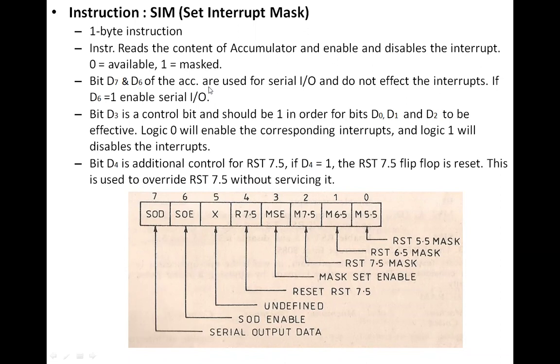So before using the set interrupt mask instruction, we must load a certain value into the accumulator, and depending upon that value, the individual interrupt lines will be available or not available.